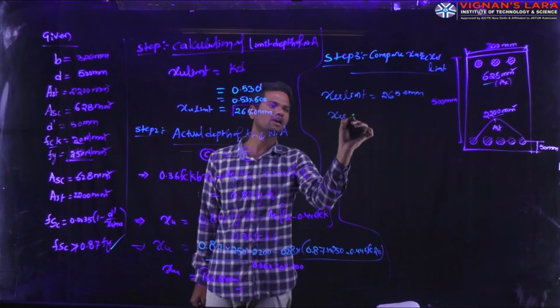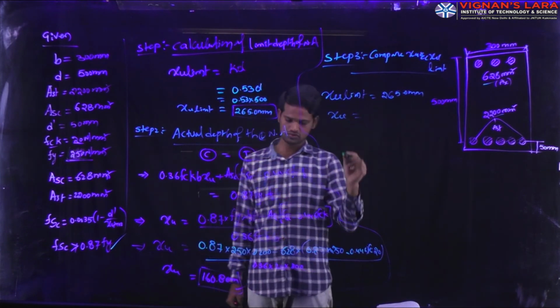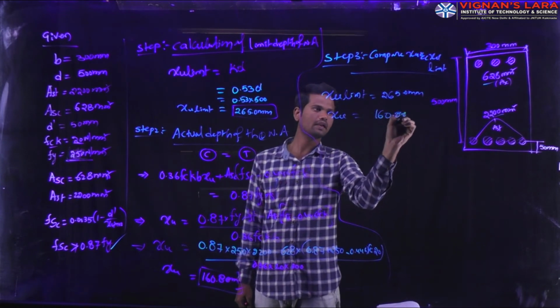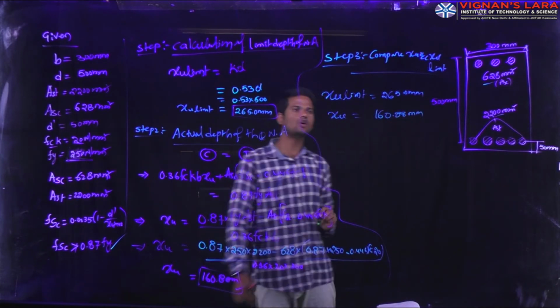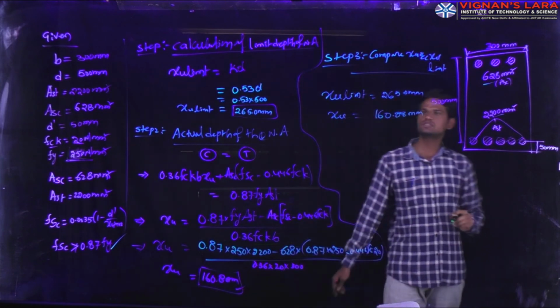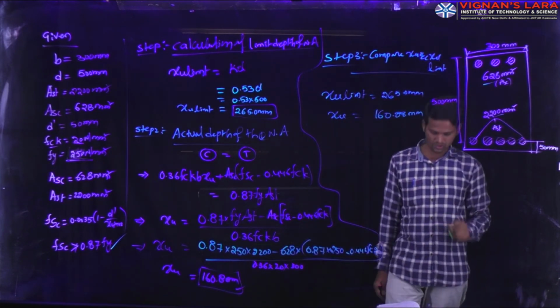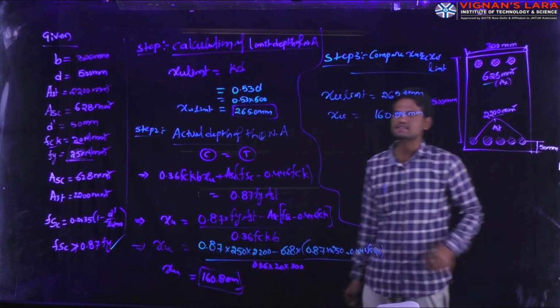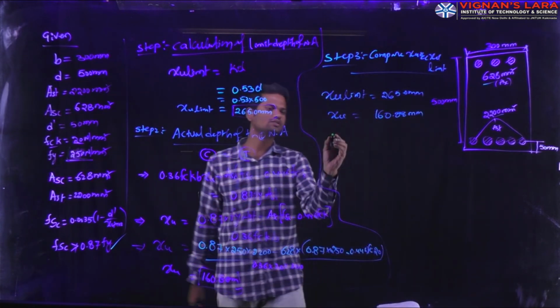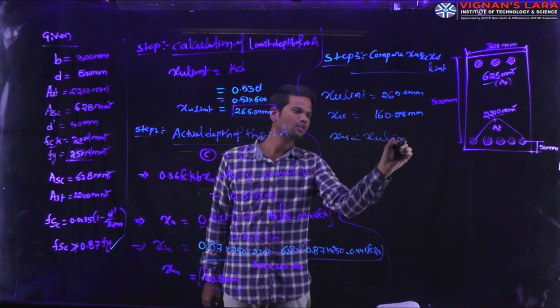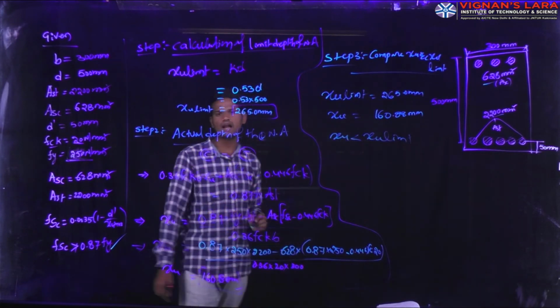Again, if you see here, XU equal to 160.88 mm. If you observe, XU is less than the XU limit value. XU is less than XU limit. Hence the section is under reinforced section.